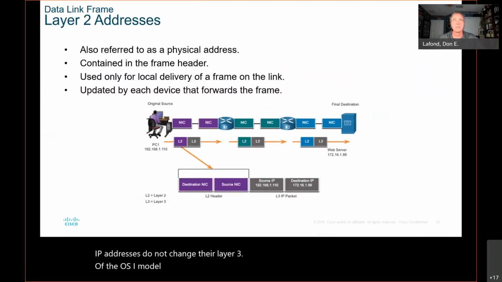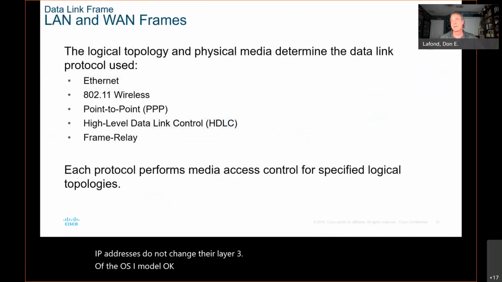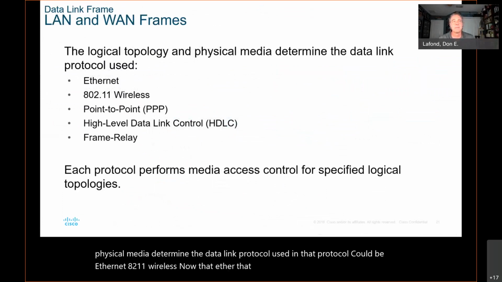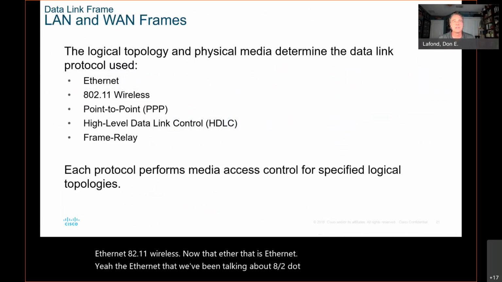I think I talked long enough on that slide. The local topology and physical media determine the data link protocol used, and that protocol could be Ethernet, 802.11 wireless, point-to-point, HDLC, frame relay.